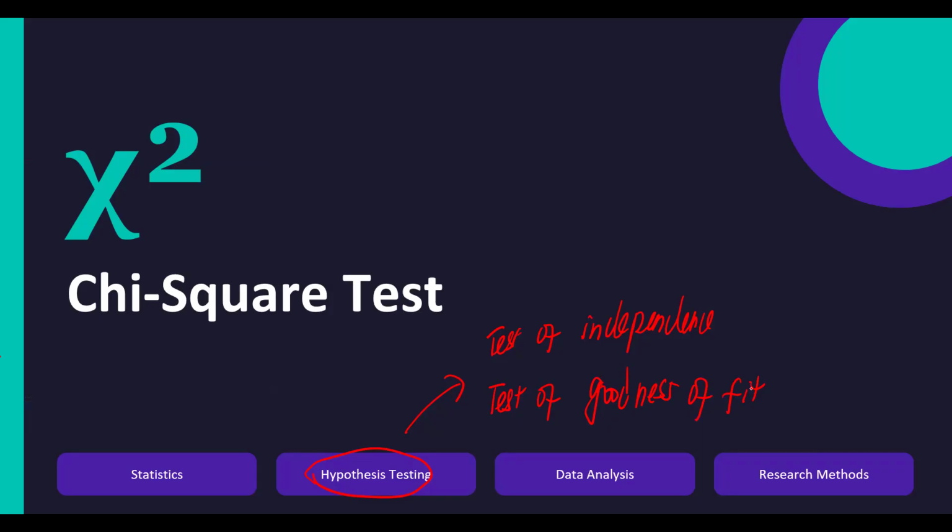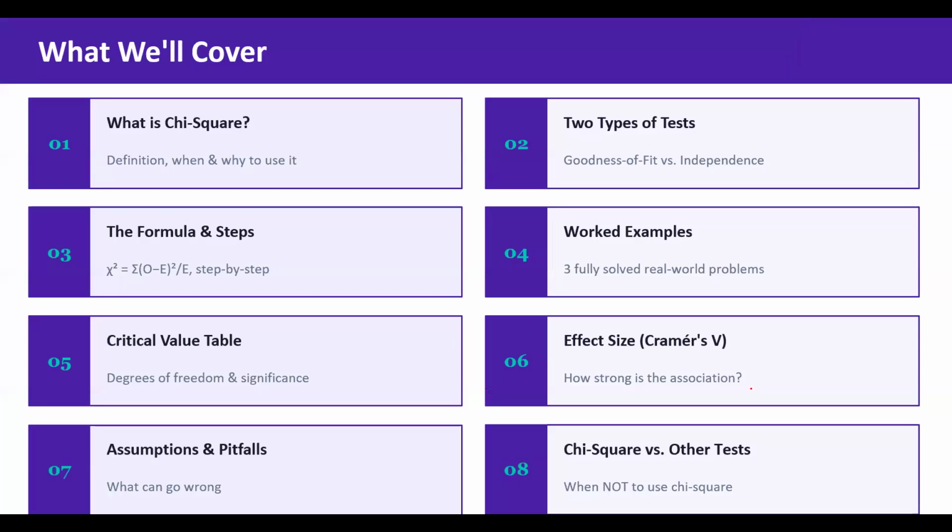So we take a look at both in a second. Okay, so what is a chi-square test? This is the test examining the observed frequency and the expected frequency, right? The difference between those two. So there are two types of tests, goodness of fit and also independence test.